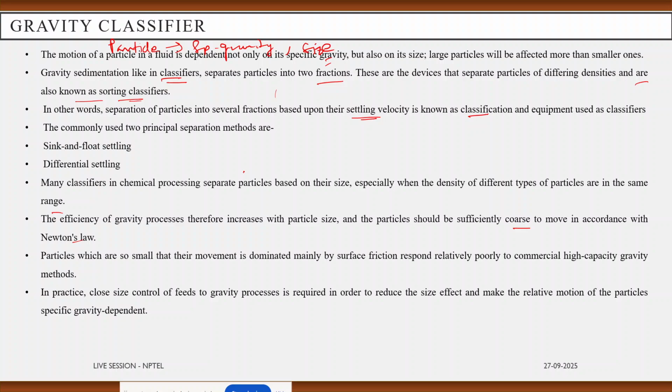So, in practice, close size control of the feeds to the gravity processes is required in order to reduce the size effects and make the relative motion of the particles dependent on the specific gravity. Now, these mechanical classifiers are used in closed circuit grinding, especially in metallurgical operations.